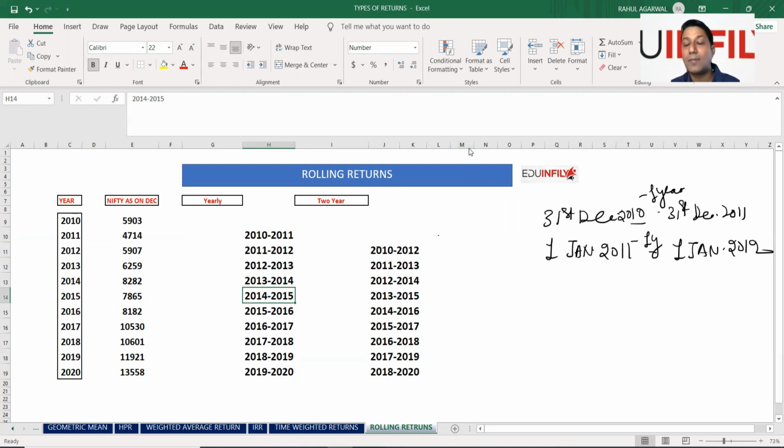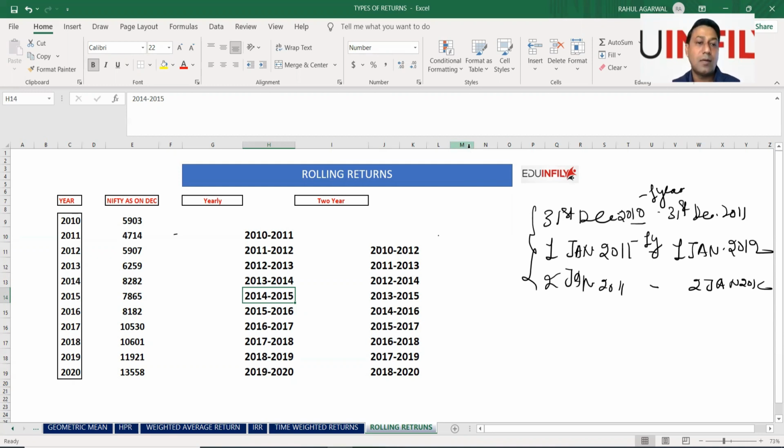These 12 months can be 2nd January 2011 to 2nd January 2012, right? So I can have any ways and means by which I can have that specific period of time and calculate the rolling returns. Definitely, if I take the 12 months like this, the number of entries will be very high, right? So here I have 10 to 11 entries only.